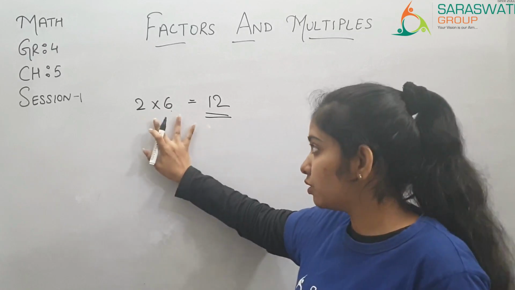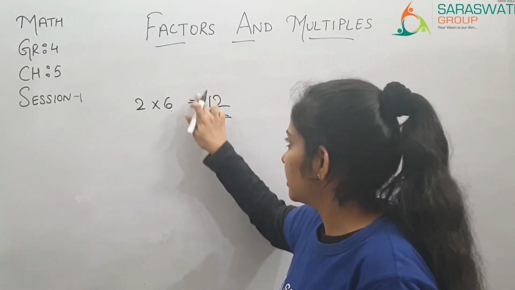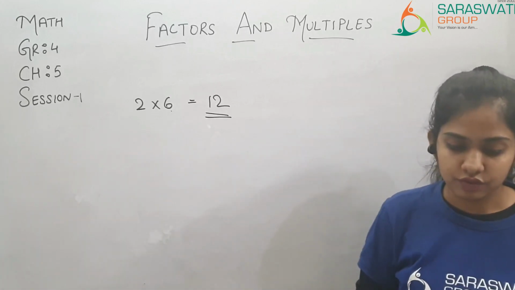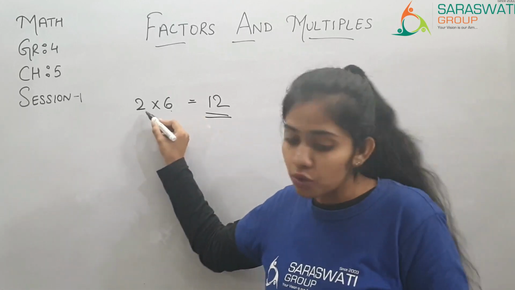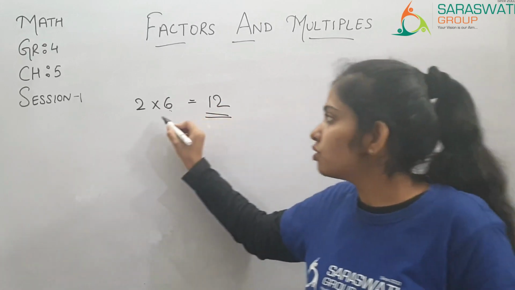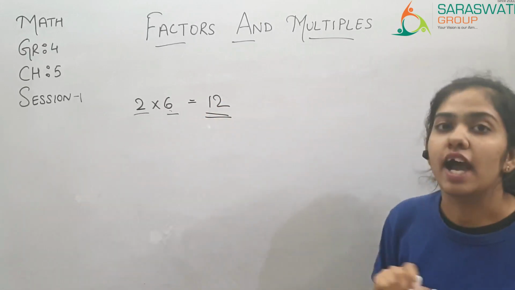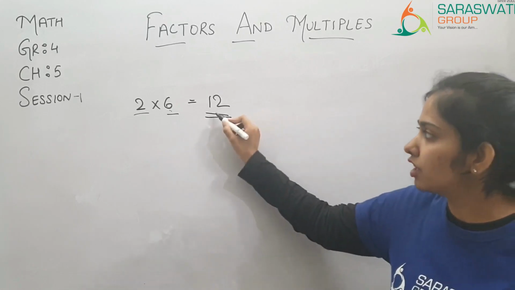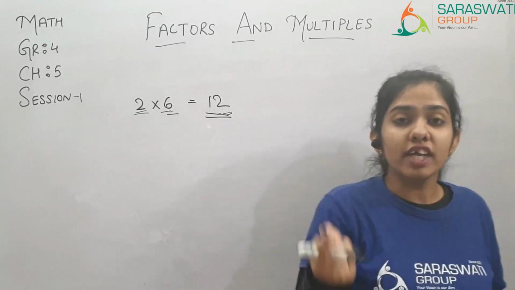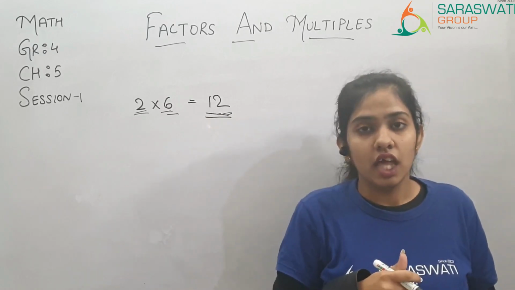We have multiplied 2 and 6, so we get the answer 12. So 12 is our product, and these 2 numbers are the factors of the product. એટલે જે આ 2 numbers છે, 2 and 6 are the factors of the product 12, right?